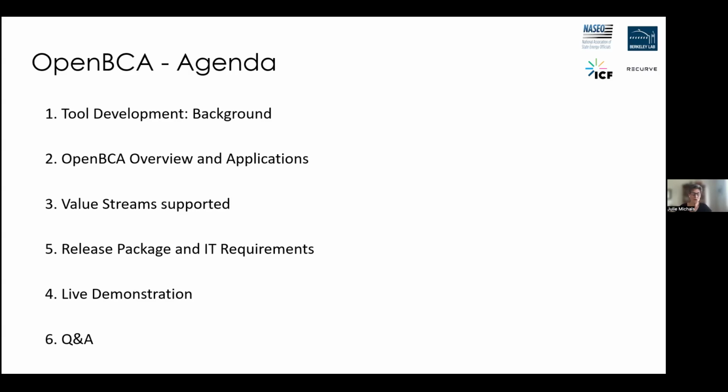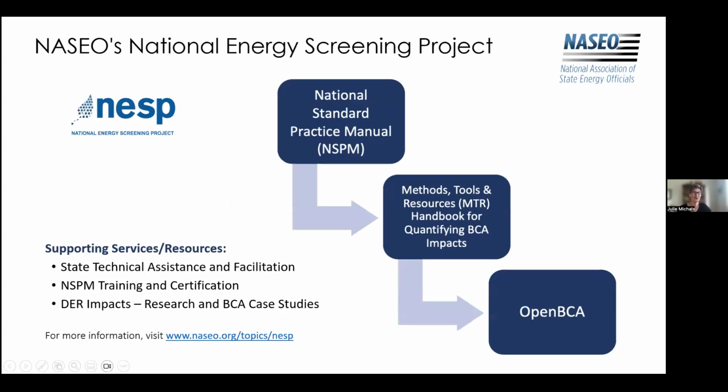Okay, so to get us started, by way of a little background, on the next slide, you will see here a little background around NASEO's National Energy Screening Project, which is relatively new to NASEO.